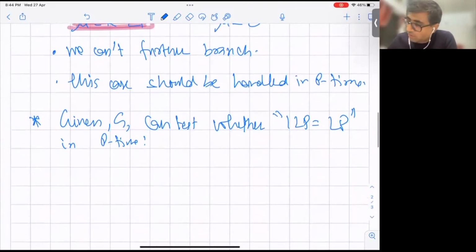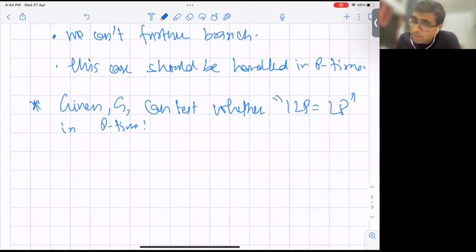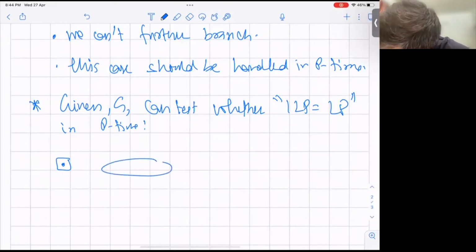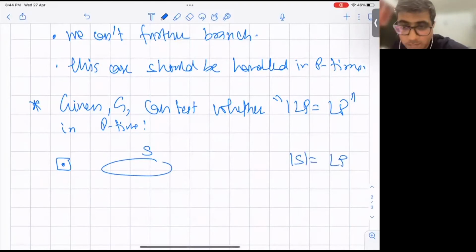And how did this algorithm work? If you recall, the way this algorithm works is fairly simple. What is the meaning of ILP equal to LP? It means I have a vertex cover S, and the cardinality of S is equal to the LP solution.